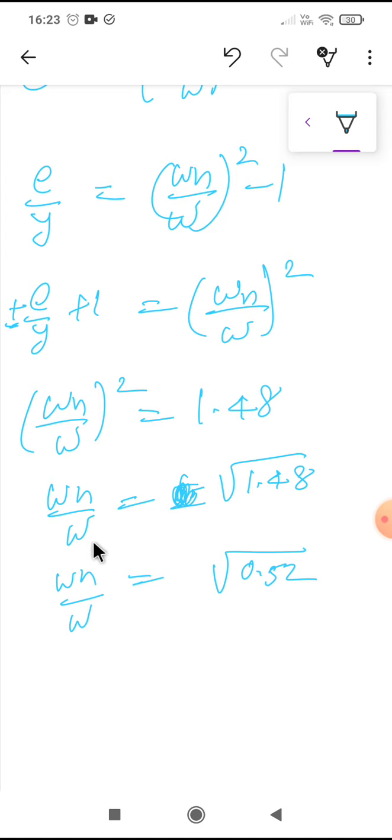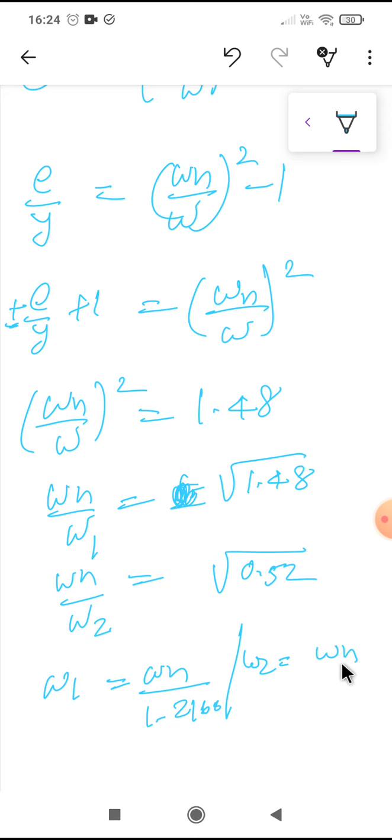I am taking this as omega 1 and this as omega 2. The answer for omega 1 will be omega n divided by under root 1.48, that is 1.2166, and omega 2 will be omega n divided by under root 0.52, that is 0.7211.